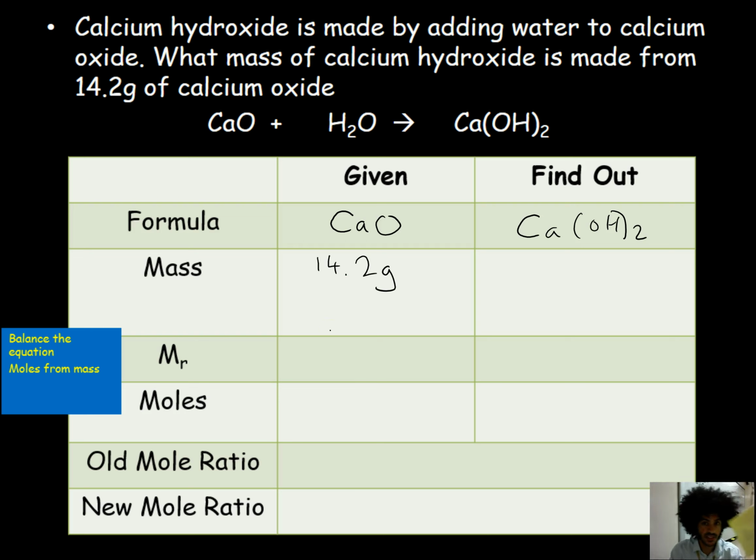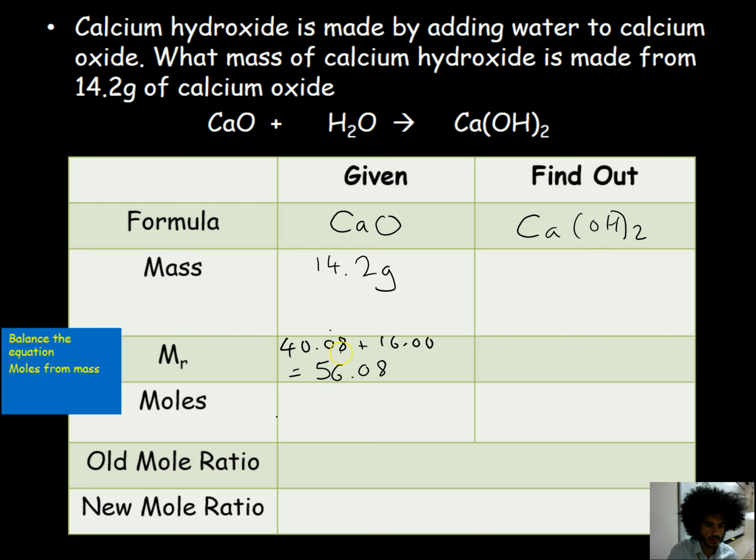Using my data booklet, I know that the AR of calcium is 40.08. So it's going to be 40.08 add 16.00, and that gives me 56.08. It's always good to use the precise numbers if you've got them. I can now work out the moles.